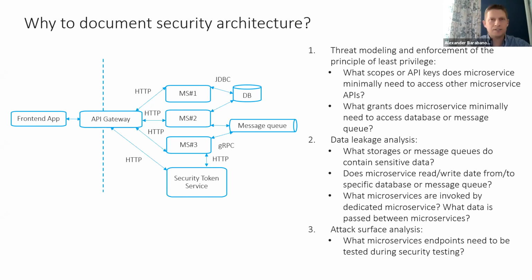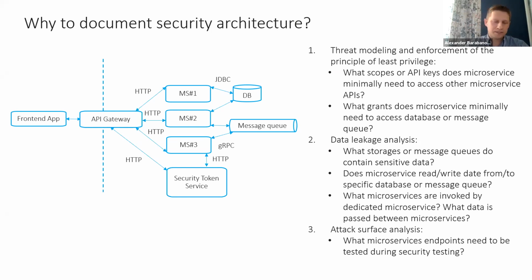What grants does a microservice minimally need to access the database or message queue? What storages or message queues contain sensitive data, and others? But dealing with a young company, all we usually have is just repositories with source code and maybe some PowerPoint presentation with a high-level design.